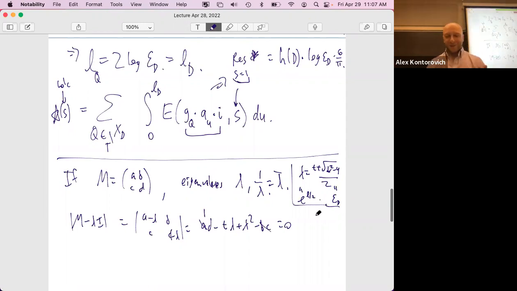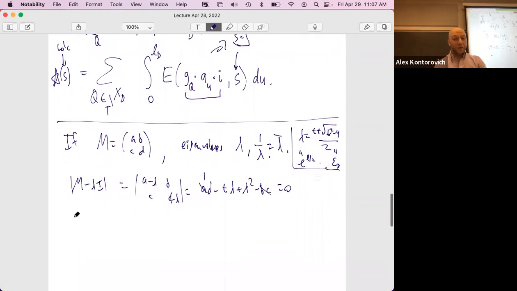Right. So now we need to work out, if I look at M minus lambda, what is the vector that's sent to 0? I need to find the eigenvector of eigenvalue lambda. So that means I need a linear combination of the columns of A minus lambda, B, C, D minus lambda, which will go to 0. Knowing that this thing is singular, I just need one vector here, and that'll do it.